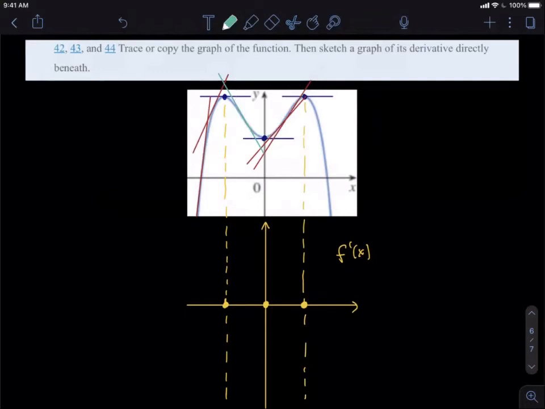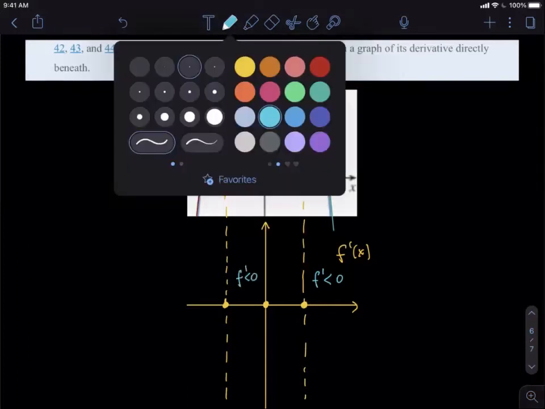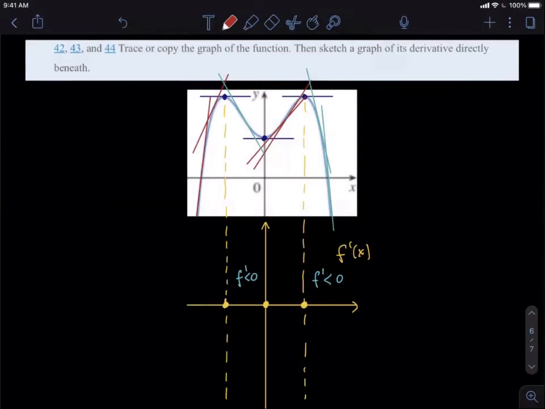Those are negative derivatives. Looking at the original graph, we see that the derivatives need to be negative on the far right, because we see the slopes, and in the middle left, and they have to be positive on the far left because the slopes are clearly going up, and in the middle right.